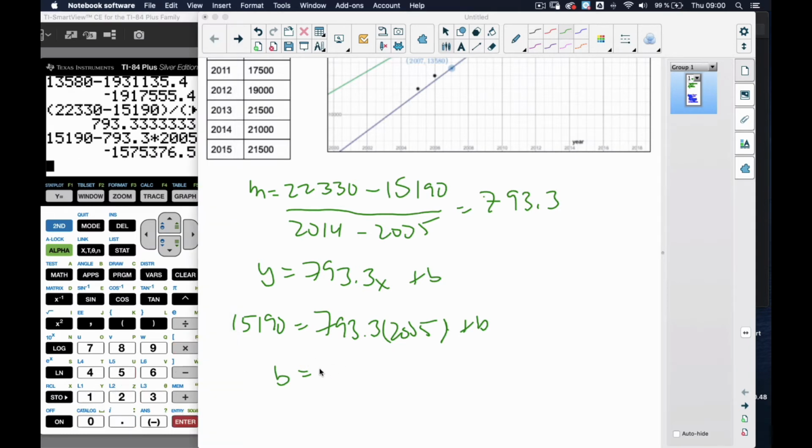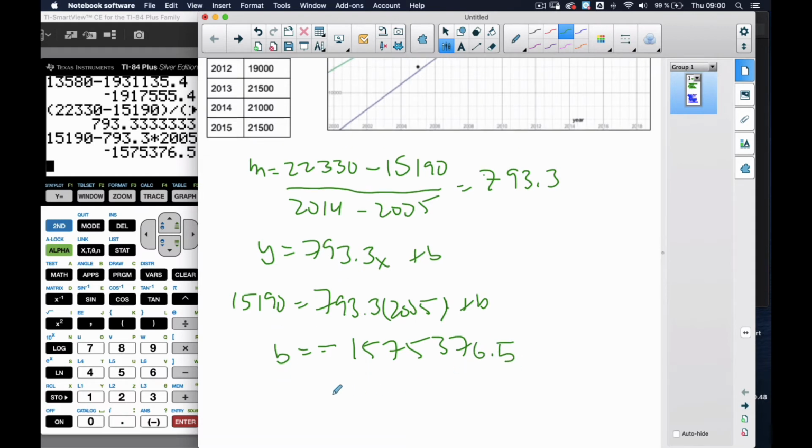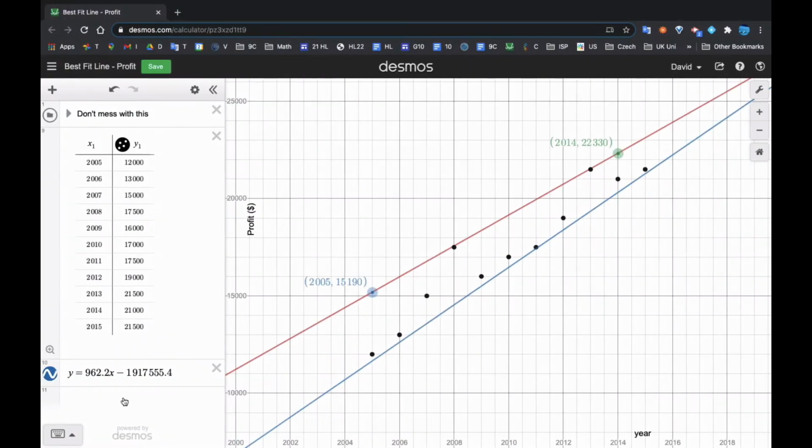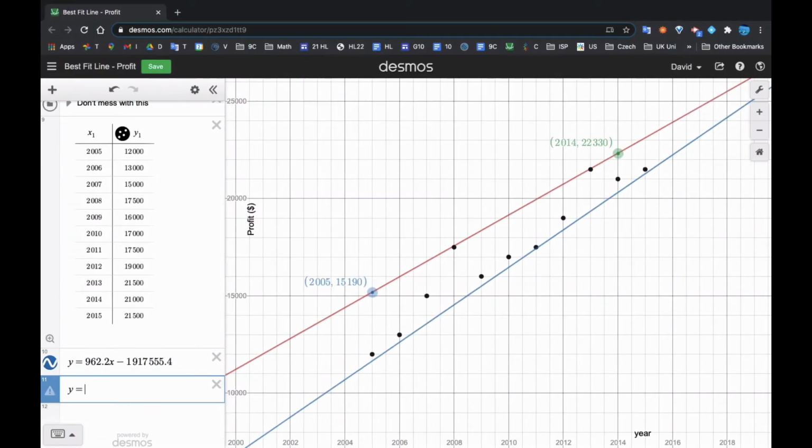And so I'll get negative 1575376.5 as my b. And so my green line is going to be y equals 793.3x minus 1575376.5. Go back to Desmos and check to make sure I've done it correctly.